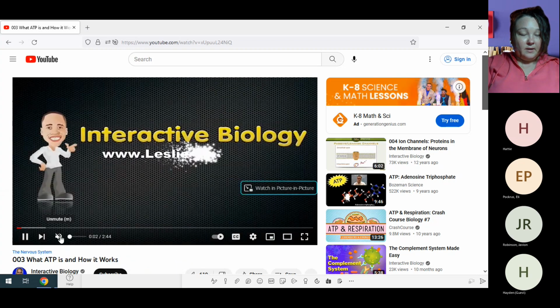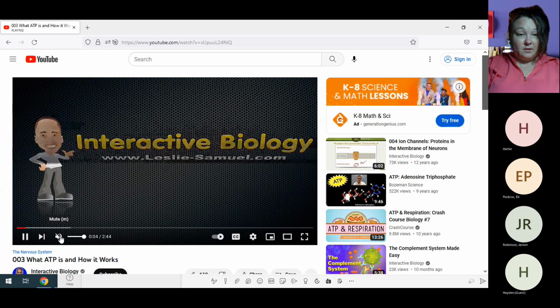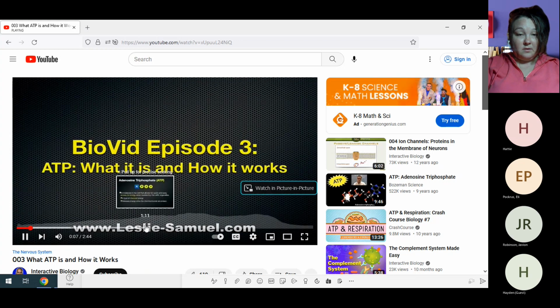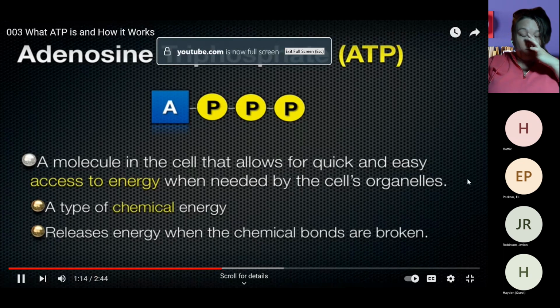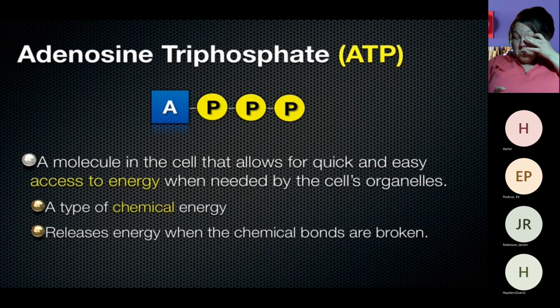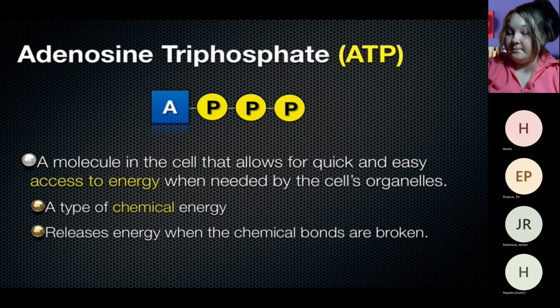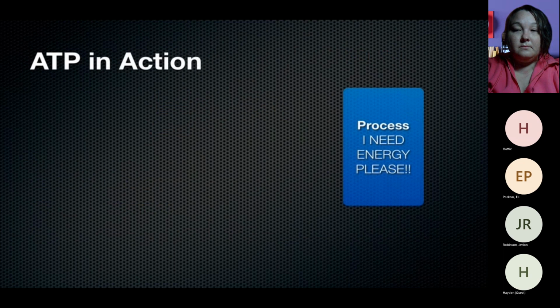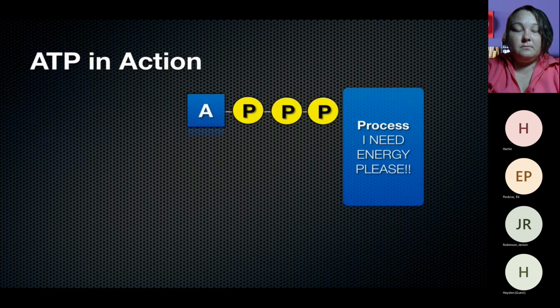Welcome to BioVid episode. When the bond is broken between 2 phosphate groups, that releases energy. Let's take a look at how exactly this happens in the cell. Here we have a process, and as you can see, it's in desperate need of some energy. Fortunately, there's ATP that comes along, and when that ATP comes to the process, it breaks the bond between 2 phosphate groups and donates 1 phosphate to that process or that protein or whatever it is that needs that energy.